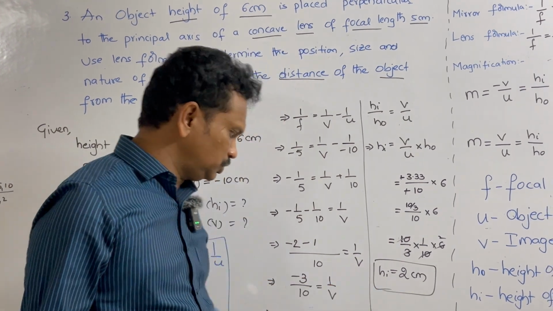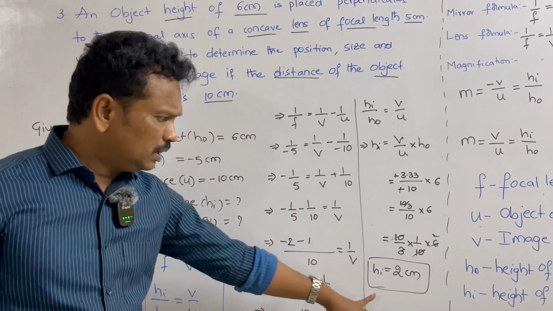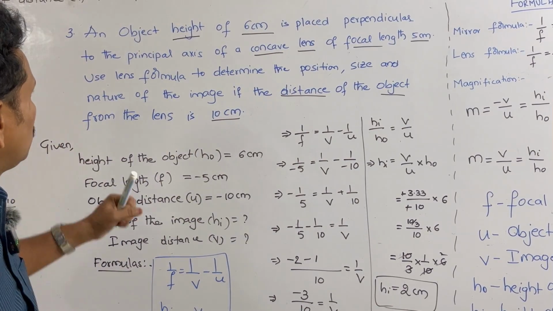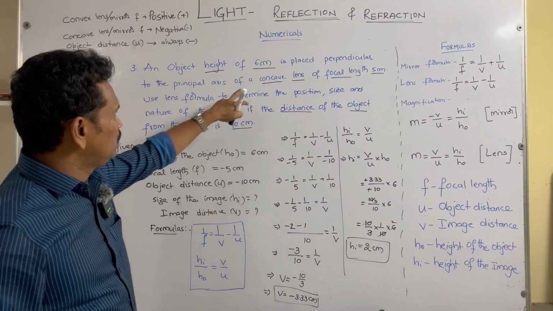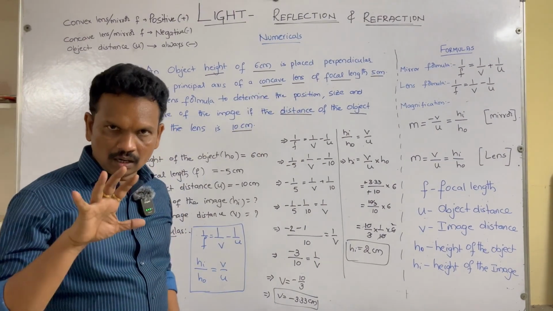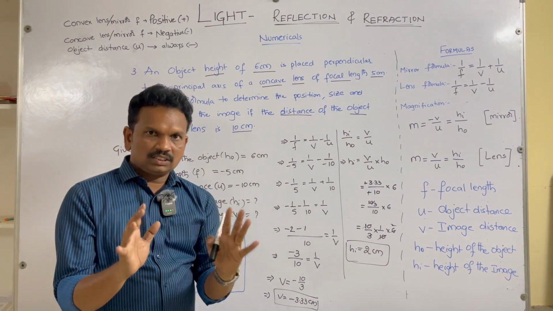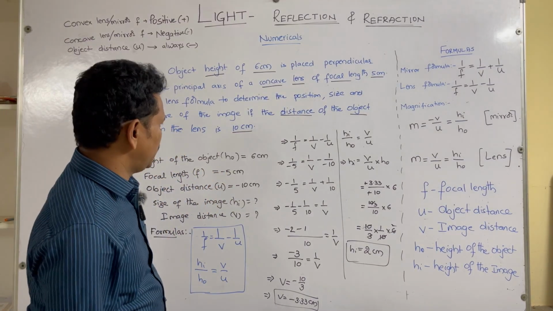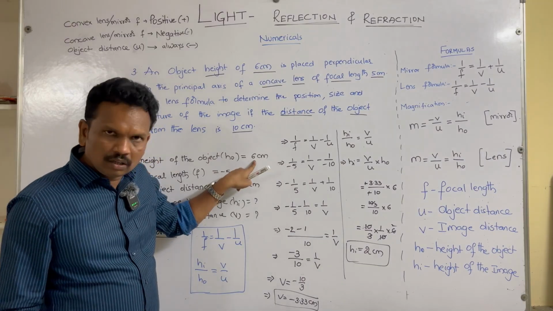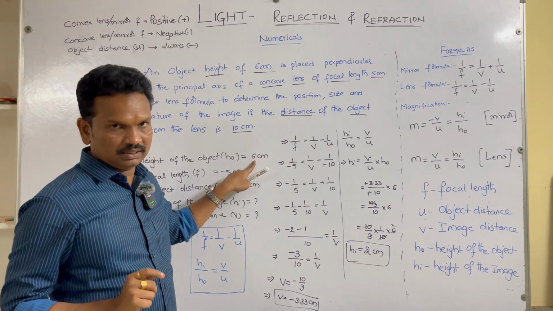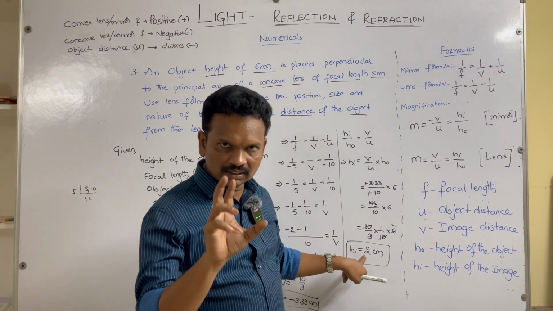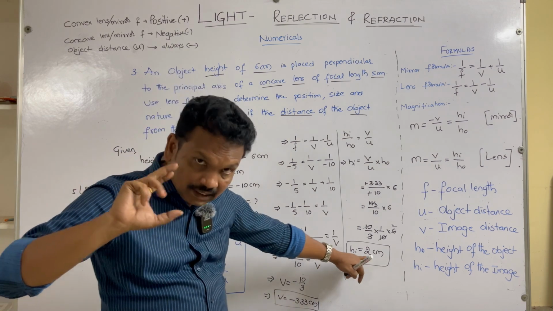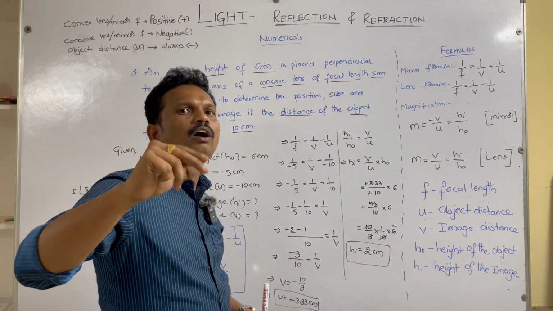Here it is a positive value. Now it is a virtual image because the lens is a concave lens. Concave lens always forms a virtual image. Here the height of the object is 6 centimeters and the image height is 2 centimeters. So the height of the image is less than the height of the object.